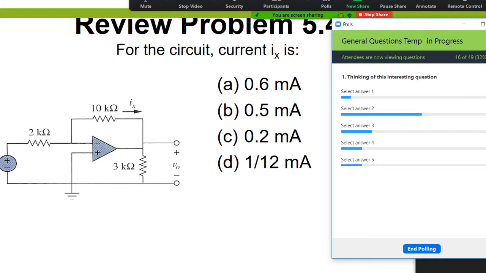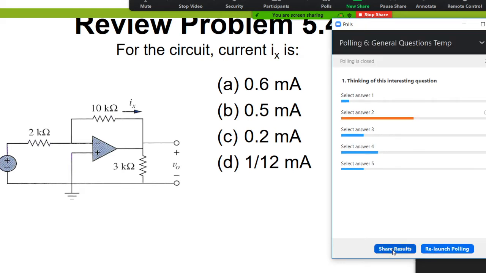Vo is -5, because the gain is -5. The voltage at this port is 0, so the current goes from 0 to negative 5 volts. Because the voltage drops going this way, Ix should be positive. The value is 5 divided by 10k, which is 0.5 milliamp.